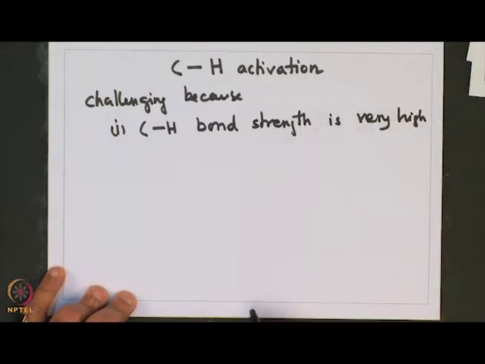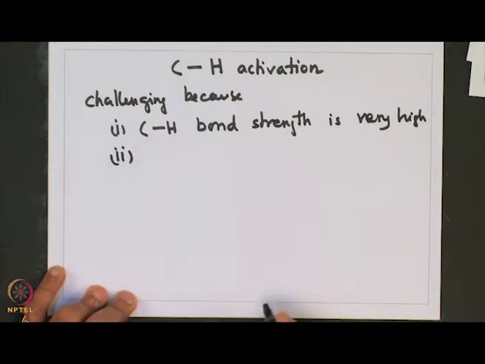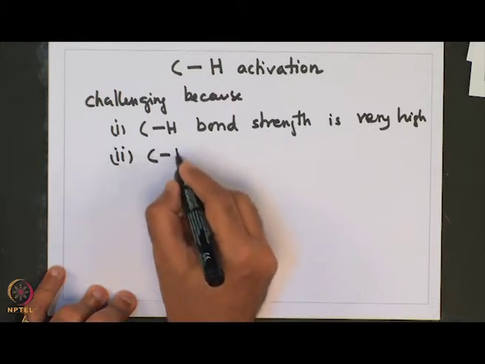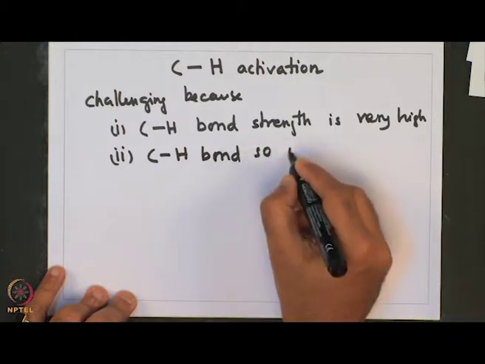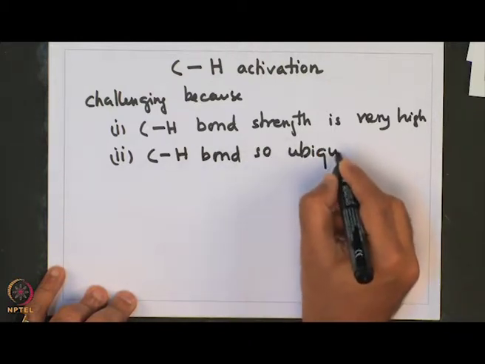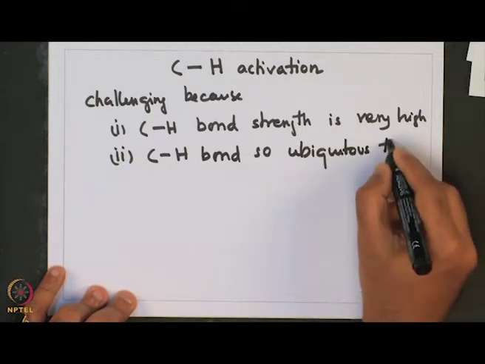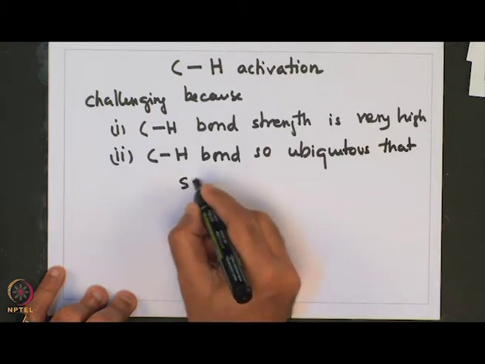That means the CH bond is very strong and difficult to cleave. Second, the CH bond is so ubiquitous that selectivity becomes an issue.